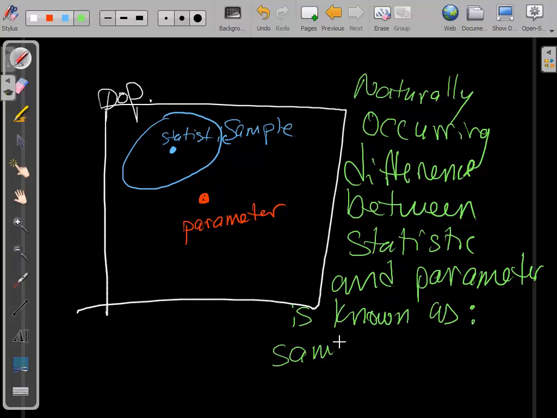So sampling error, I mean, it always happens. Our job, when we get to the inferential statistics part, will be to minimize sampling error.